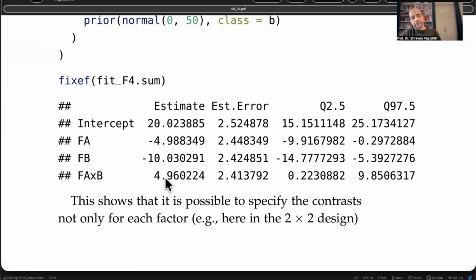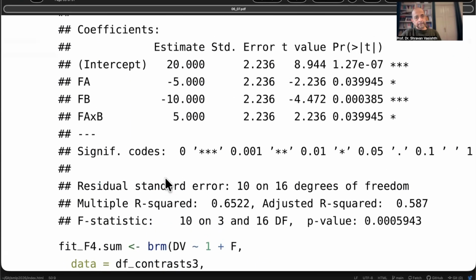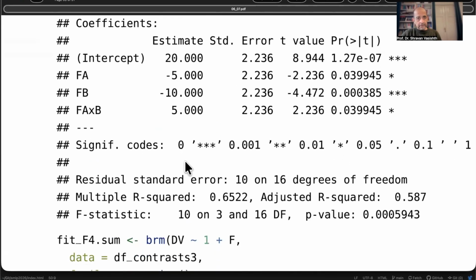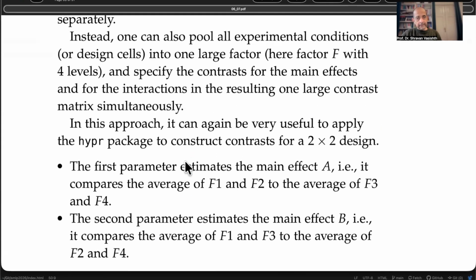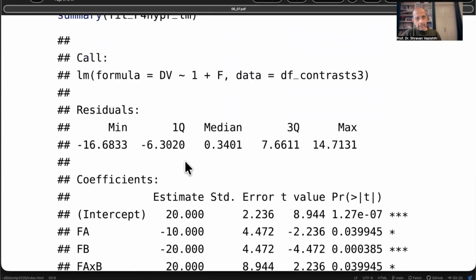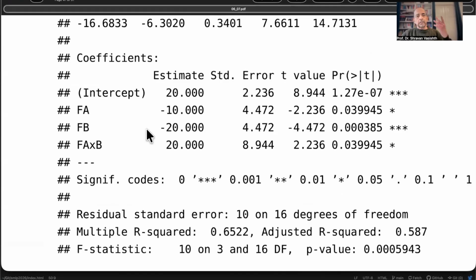Very mysterious, right? For -5, 10, -10, and 5. And what do I get now? -10, -20, and 20.